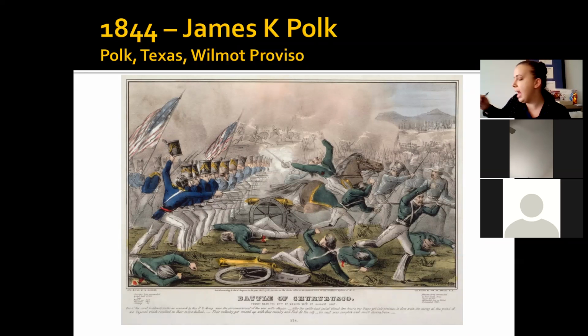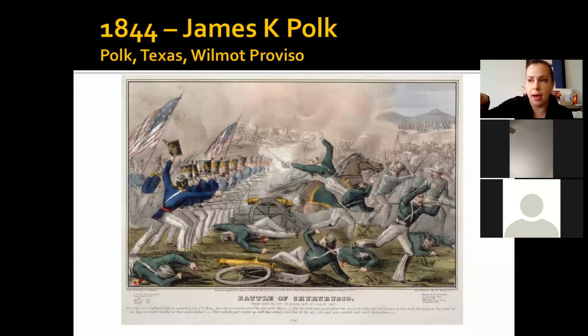So the Wilmot Proviso, as Ariana said, is a really important law when we talk about the history of slavery. It is unsuccessful, but it's still important that we know it. It is a law pushed towards Congress asking that we do not allow slavery to enter any territory we get from the Mexican-American War or Texas.